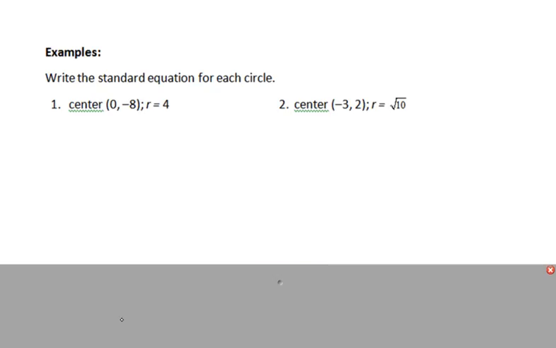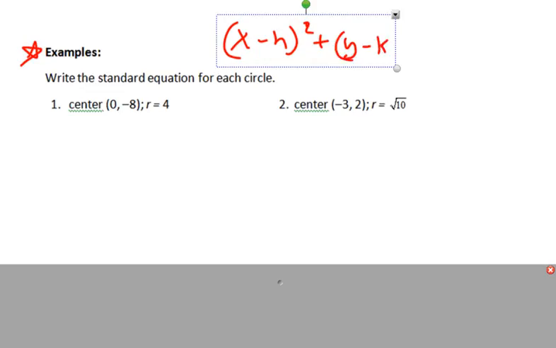What we are going to do is work a little bit with that formula. First, we're going to write the standard equation for a circle. We're given enough information, so we're just going to write it. Remember that formula: (x minus h) squared, where h is the x value of the center of the circle, plus (y minus k) squared equals the radius squared.